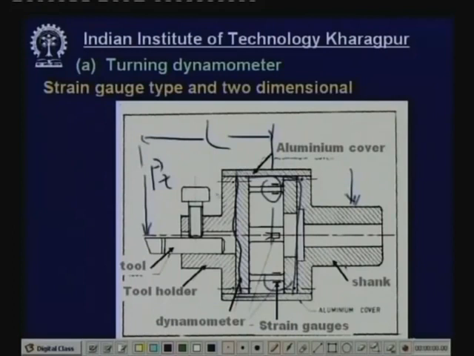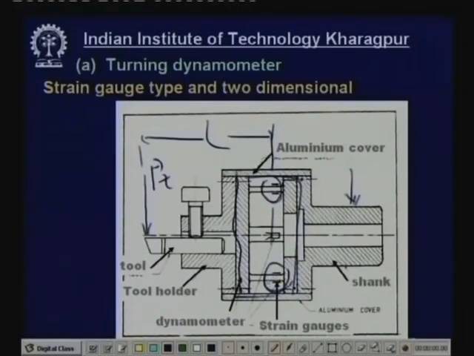For Pz, 2 strain gauges are here and 2 strain gauges are there, 4 strain gauges. You have also noted in earlier slides that we use 4 strain gauges in the Wheatstone bridge, 4 resistances. If all 4 gauges are alive, then the sensitivity will be high. If only 2 gauges are alive and 2 are dummy, the sensitivity will be half. Then it is called a half bridge.